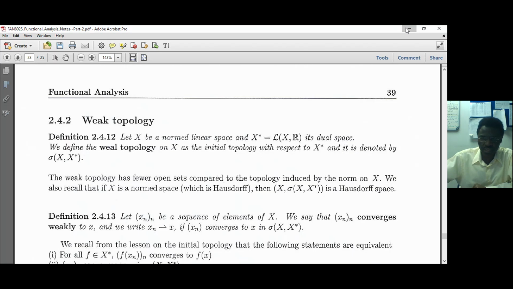Let me share a new slide, so that I can easily recall the concept of initial topology.